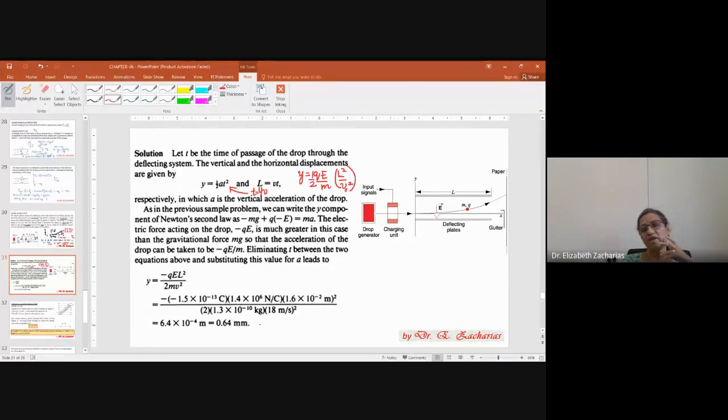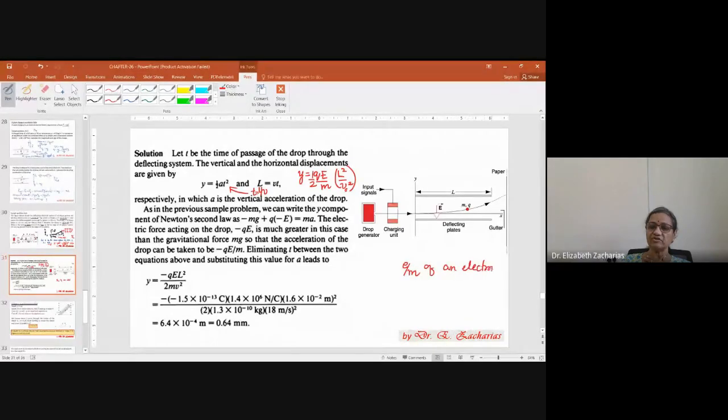In case you're wondering why we have discussed this particular problem, this is also something that you will come across in the lab. This experiment can also be used to measure the specific charge e by m of an electron.